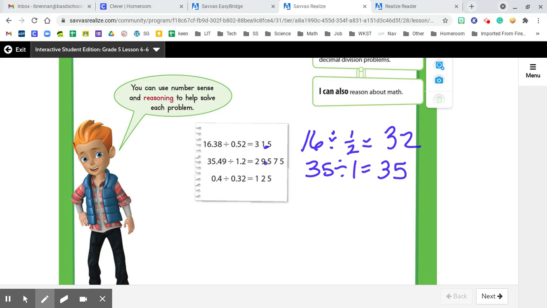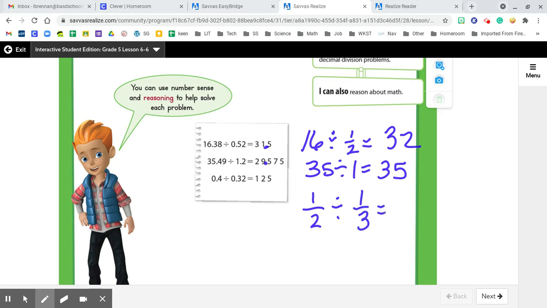And 0.4 divided by 0.32, we have less than 1 divided by something less than 1. So we know our answer is going to be very small. So for this one, we can have 4/10, which is about a half, and we divide it by 32/10, which is about a third.